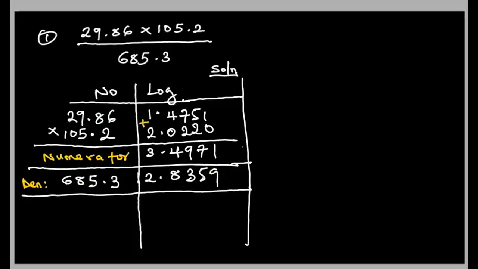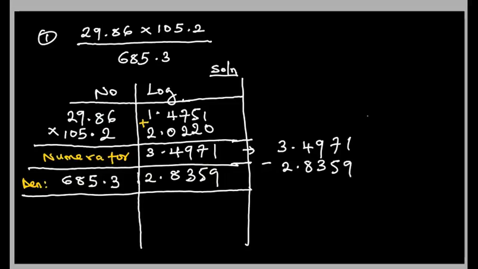As you can see now, this is my value of the numerator, which says 3.4971. Since we are dividing numerator by denominator, it means I subtract. The denominator is 2.8359.